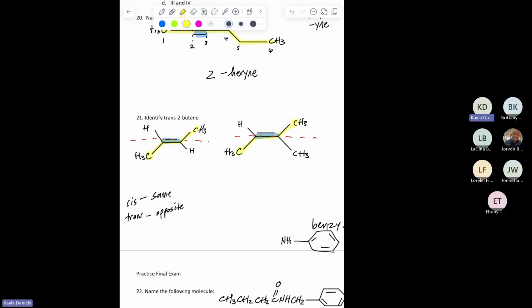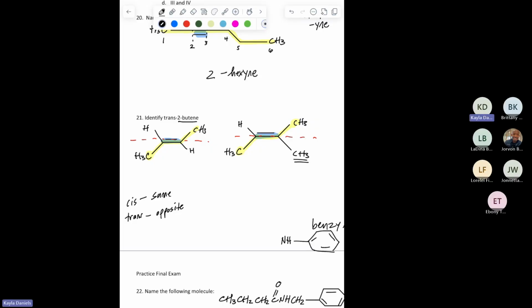We're looking for those heaviest groups to be on the same or opposite side. It looks like they're both 4 carbons. They're both 2-butene. This one's got an extra carbon.